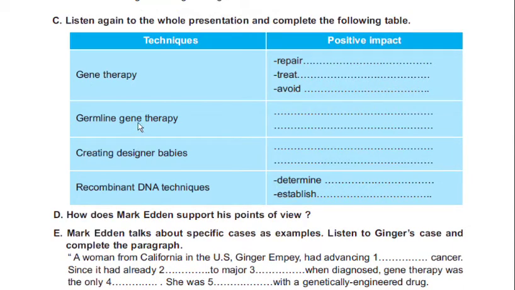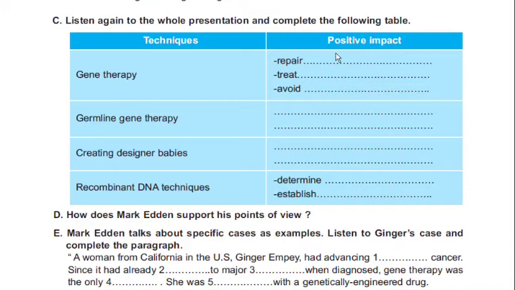So we got gene therapy first. It is used for these reasons. One, to repair. I'm reading from the passage, something that you will hear in the listening passage. Gene therapy is used as yet experimentally to treat cancer.